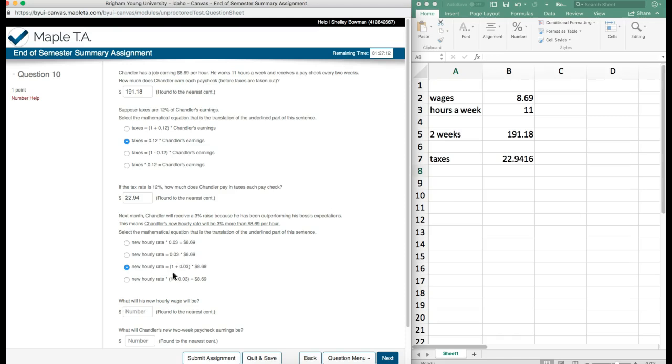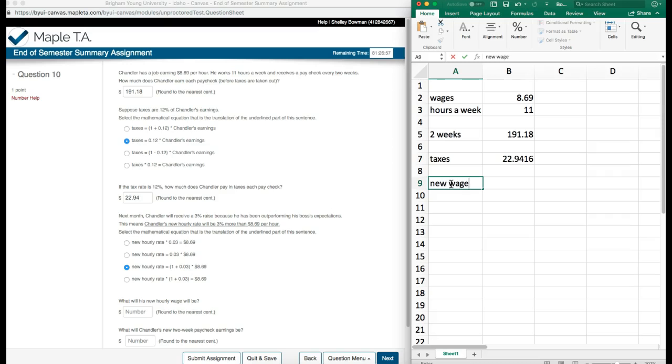So now that we have this, we're going to actually find his new hourly wage by multiplying our 8.69 by 1.03. So let's write down new wage equals, and I'm going to add those in my head if you're okay with that, to do 1.03.